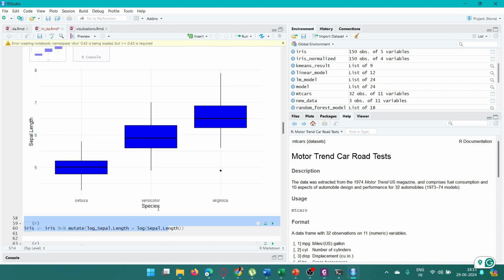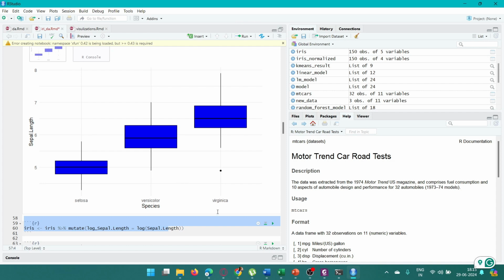Similarly, you can see another species category, versicolor, where the median value of sepal length is more than Setosa. You can see that it is around 5.9, right? And the maximum value of sepal length is 7. The minimum sepal length is more or less the median value of Setosa, near 5, that is 4.8 maybe.